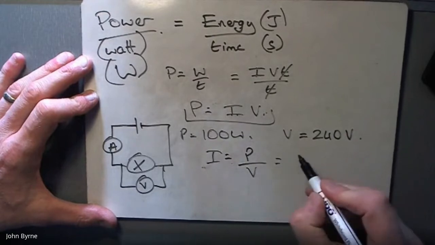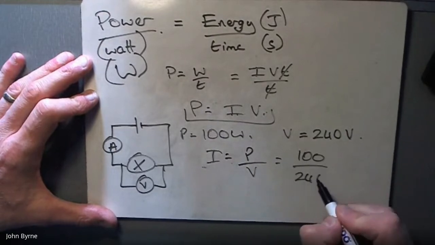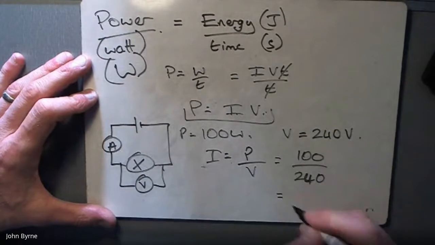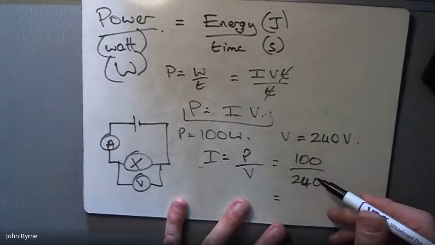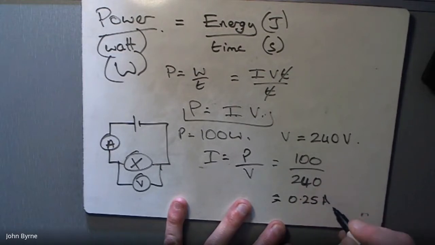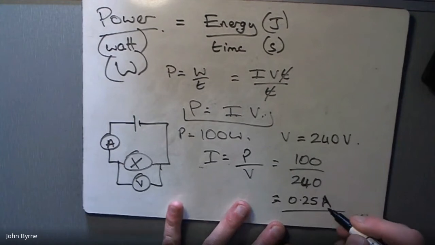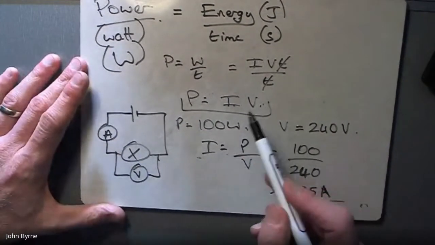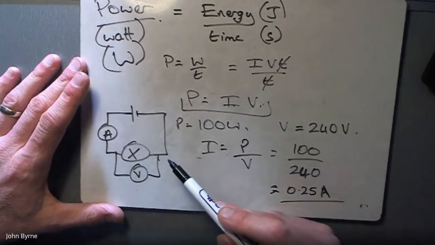Divide both sides by V, 100 divided by 240, and just a rough idea, that should give us roughly about a quarter of an amp. So that might be the fuse rating we have as a result of that. So just an example of how we use that formula and a little context for it.